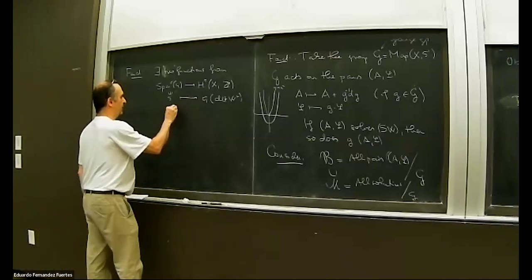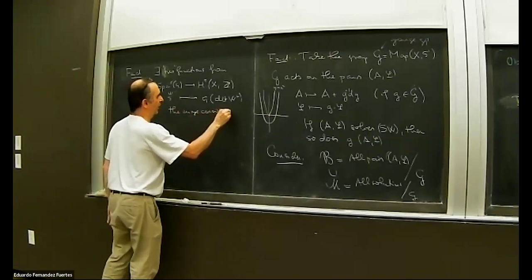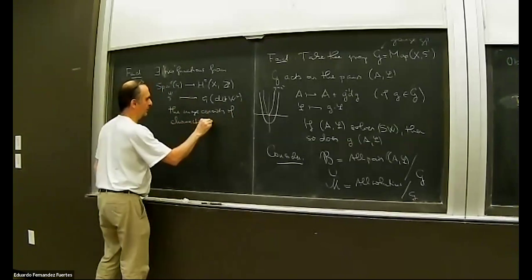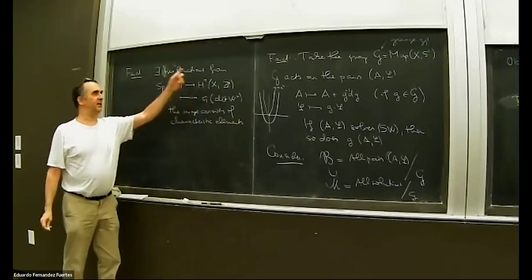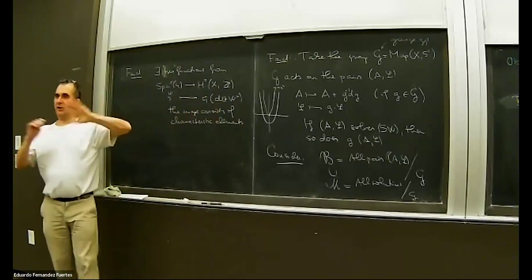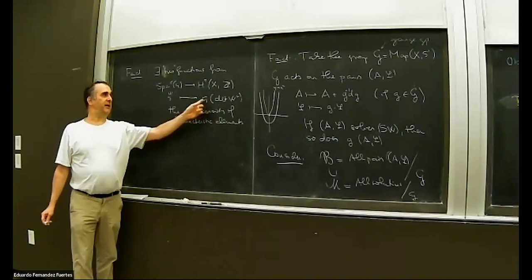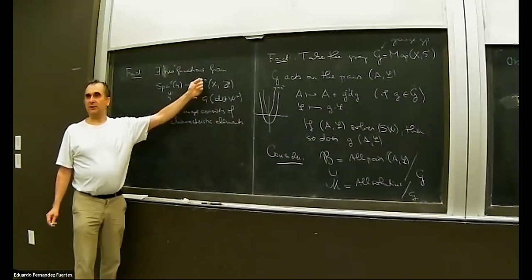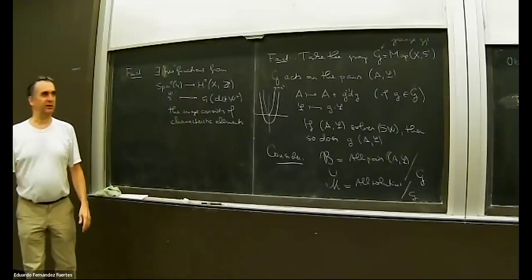So the image consists of characteristic elements only. Indeed, every characteristic element gives rise to a spin C structure with that particular c1, and the non-characteristic elements just don't play. And also, there is this little problem that S is not uniquely determined by c1, provided the group has 2-torsion. So it's not a one-to-one correspondence.